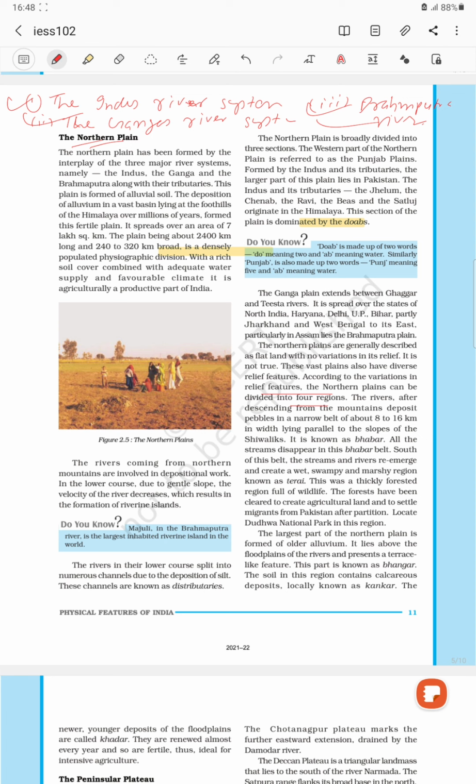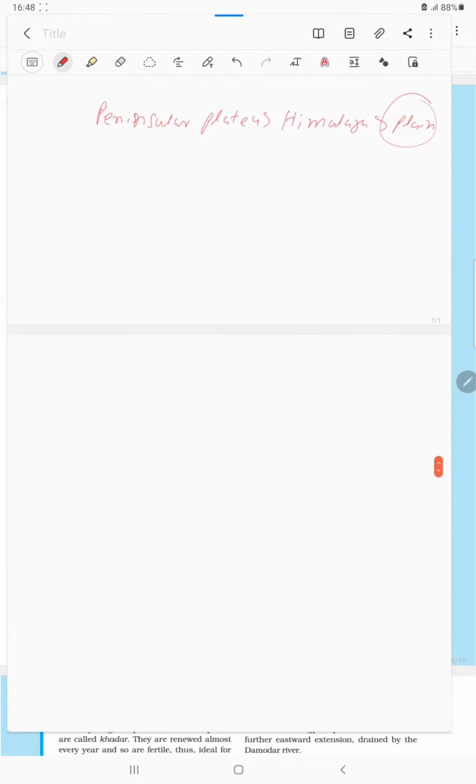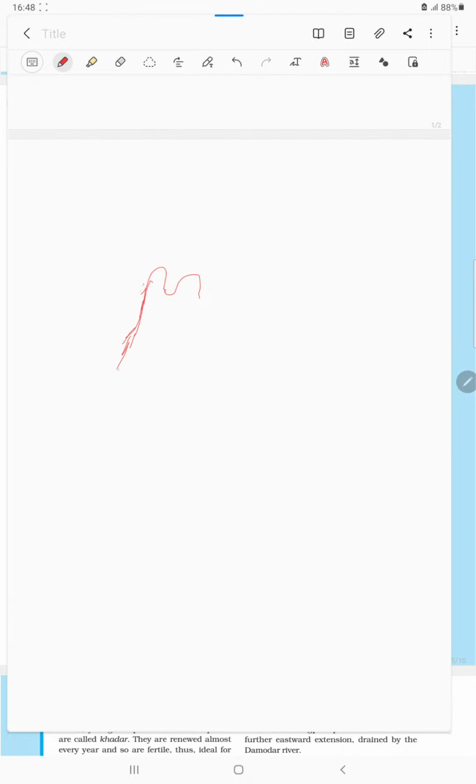Basically you can see this one. Suppose this is India. Sorry, the figure is not so fine.